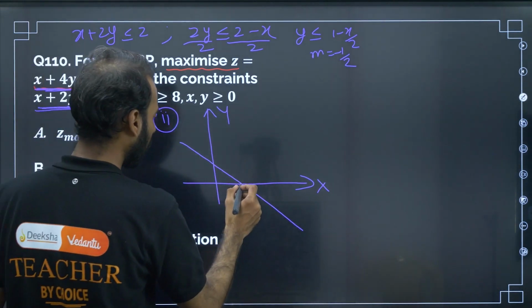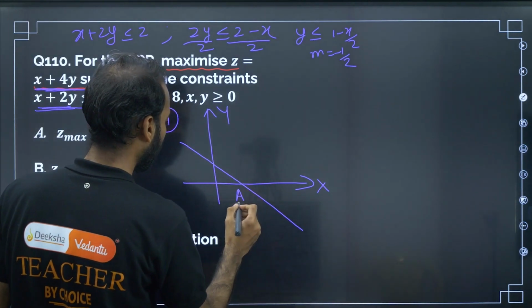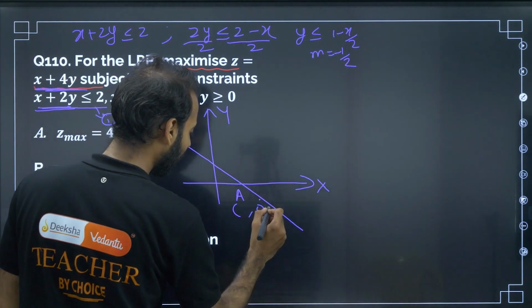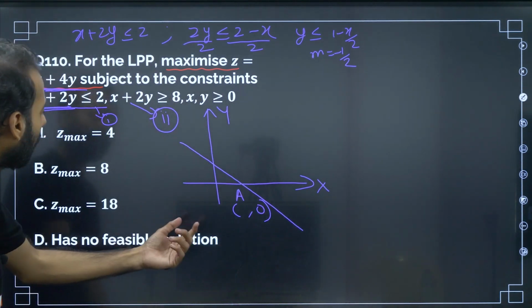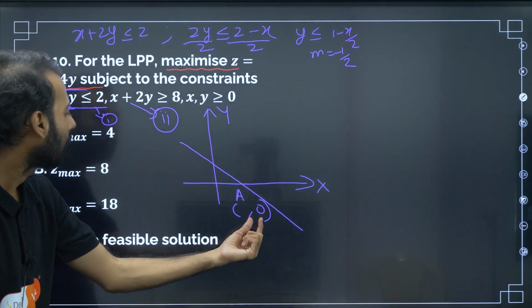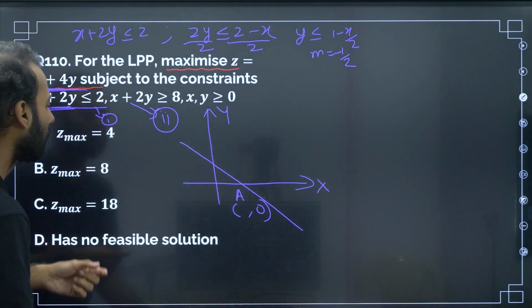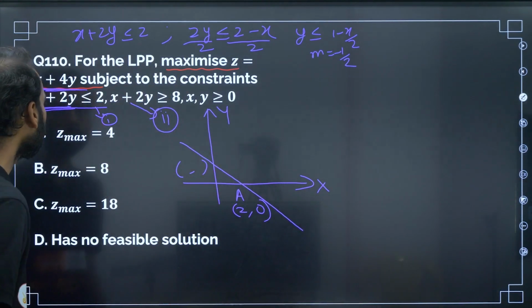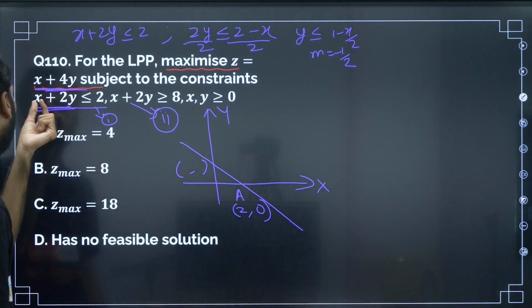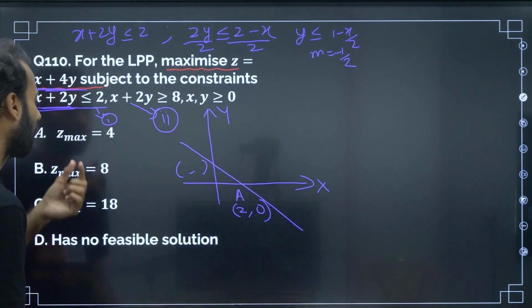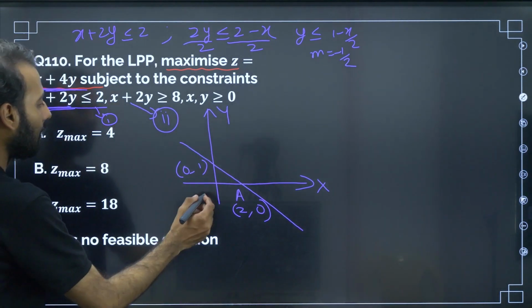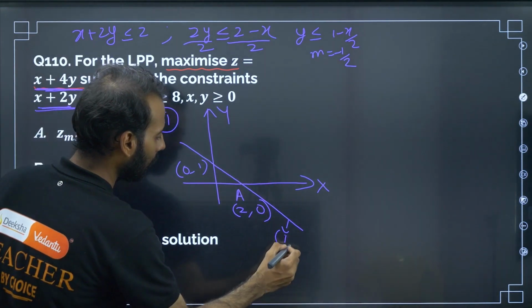Let me mark some points also. If I name this as A, at point A y is 0, and x is 2. Next point, x is 0 and y is 1. This is one point, so this is line 1.